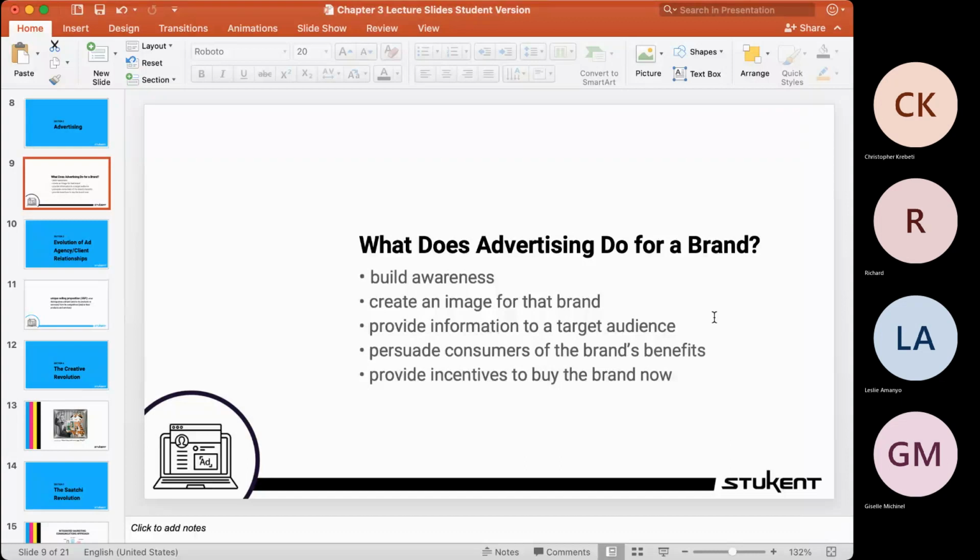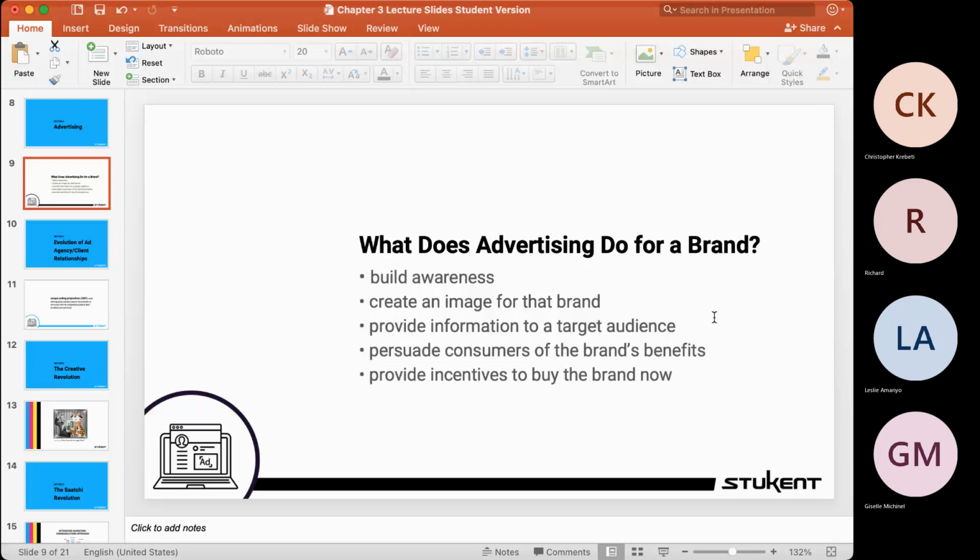Why would many people long to have an iPhone or an Apple product or use a certain product or particular perfumes or particular hair products, etc.? It is because of what advertising has done. It has persuaded them about the brand's benefit, and they are always looking for it. They go to the market, they don't get it, they won't buy anything else. They'll go back until they get it.